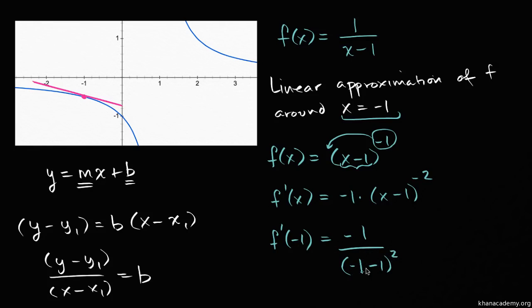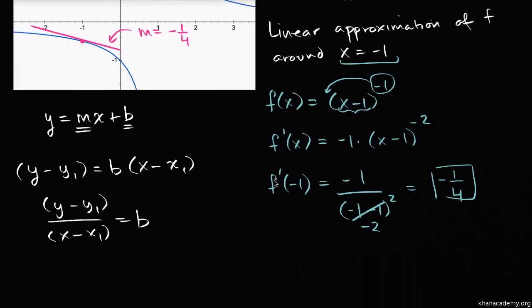And so this is going to be negative 2 squared down here. So this is equal to negative 1/4. So the slope of our tangent line is m equal to negative 1/4. And so now we just have to write its equation down.